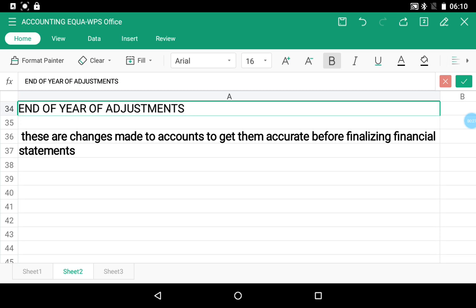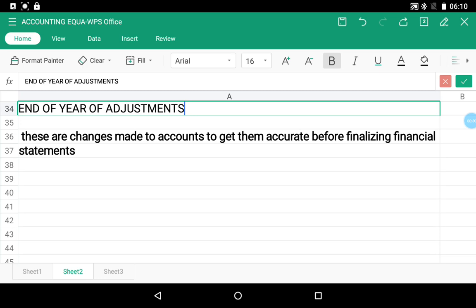In short terms, end of year adjustments are accounts that you finalize. For example, maybe you have expenses like rent. Maybe you paid rent for 2 trading periods, but remember, you're preparing for one financial trading period, so you need to account for it.